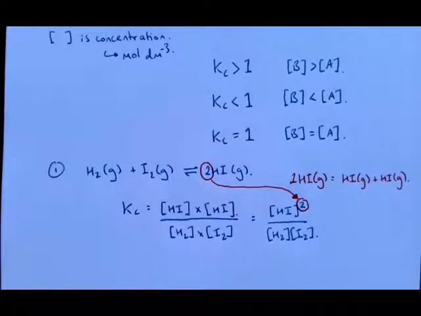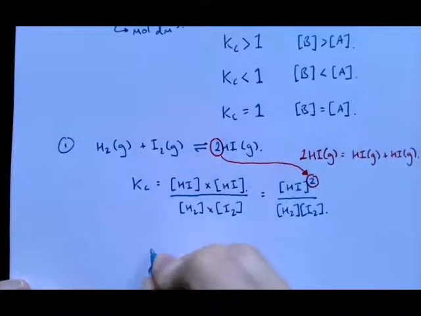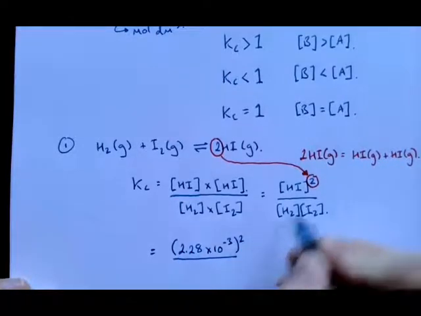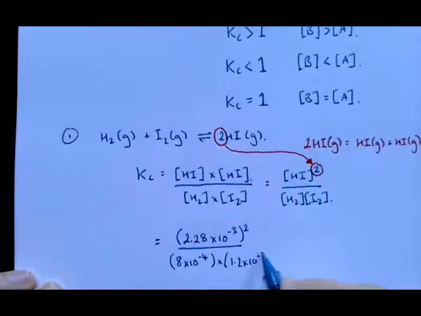All right, so if we now go ahead and put the numbers in, the numbers that we were given in the book were for HI 2.28 times 10 to the minus 3, divided by H2, oh no, I need to square that, it needs to be squared, divided by the concentration of H2, which is 8 times 10 to the minus 4, times I2, which is 1.2 times 10 to the minus 4.